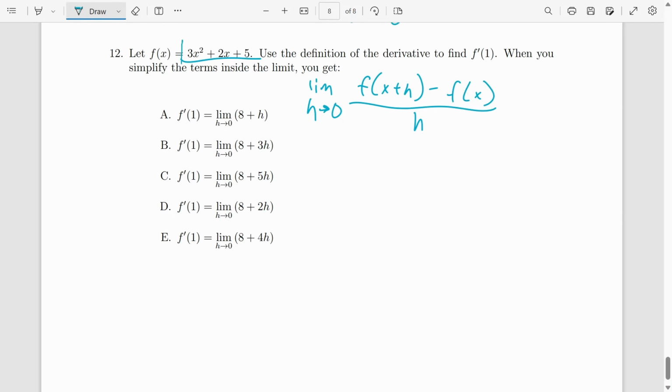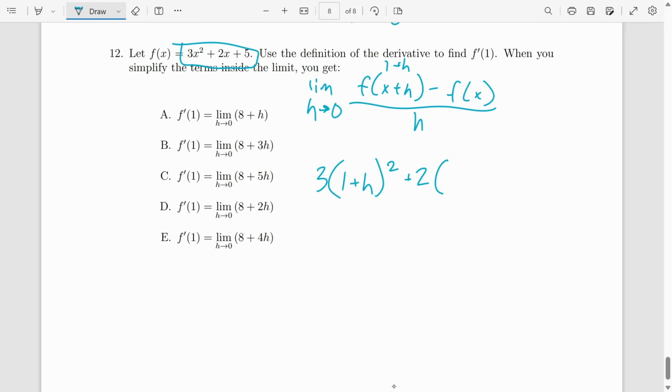It's just taking this f of x and plugging it into this, but with a 1 as x. So we can go ahead and do that. This will become f of 1 plus h, and f of 1 plus h in here will become 3 of 1 plus h squared.